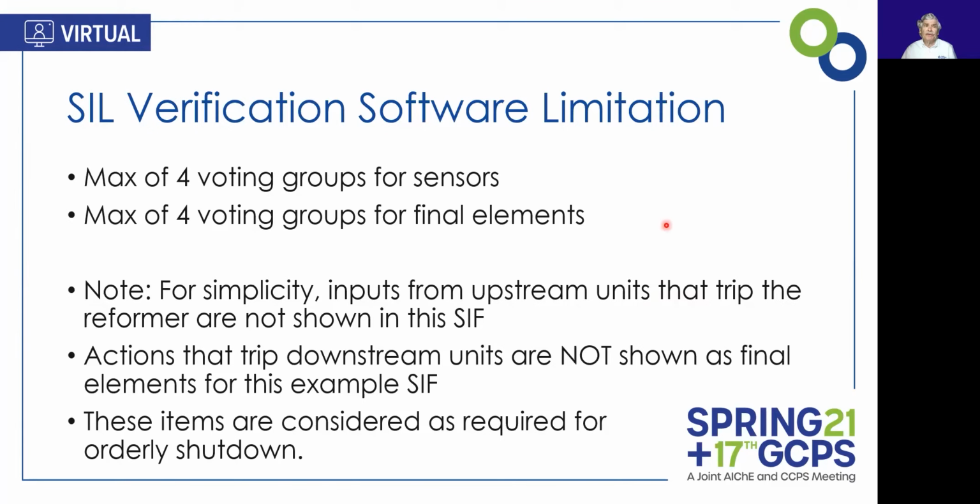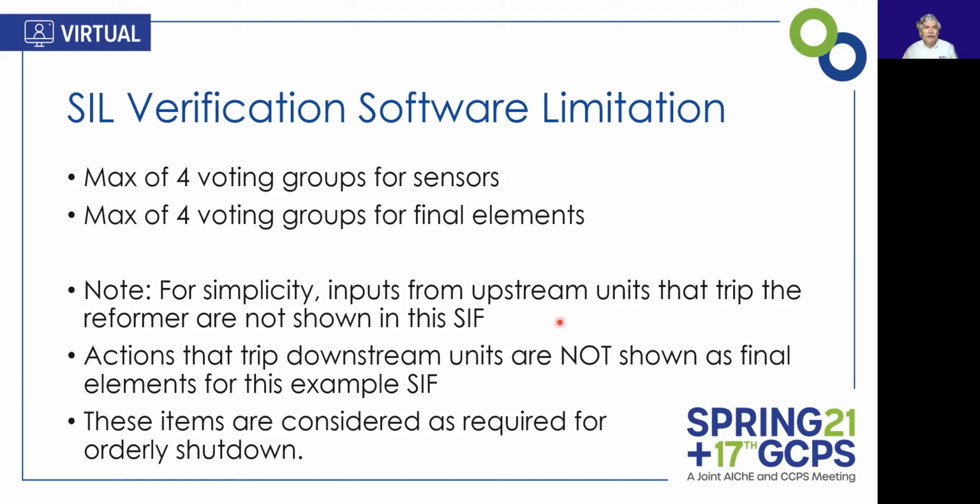Additionally, we have a SIL verification software limitation. We used 2 different commercial software packages, and each of them are limited to a max of 4 voting groups for sensors and a max of 4 voting groups for final elements.